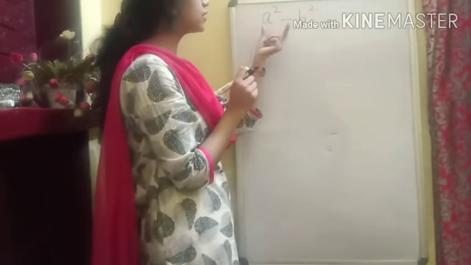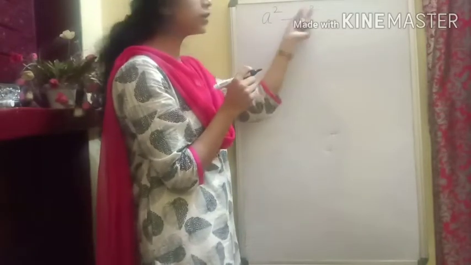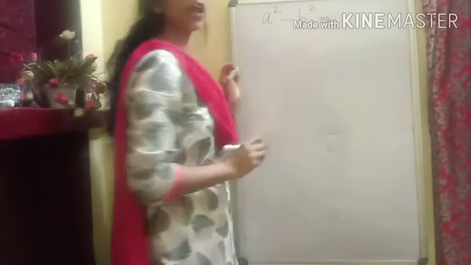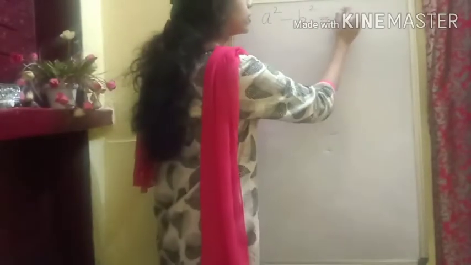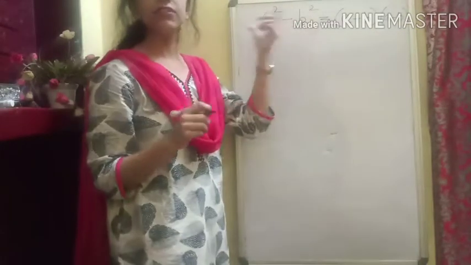If you see, it is the difference of two squares, and we know the identity, we have learned this. This will be equal to a plus b in one bracket and a minus b in another bracket. Using this identity we have to solve our next exercise.